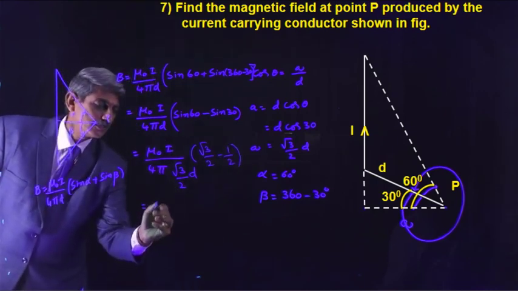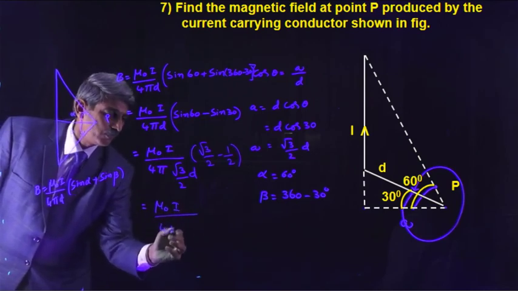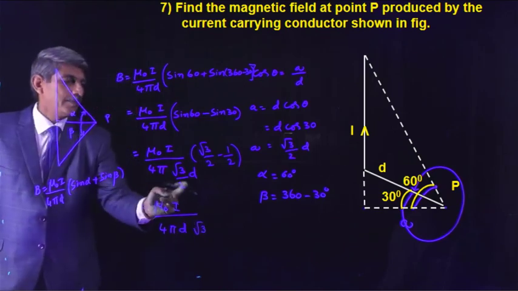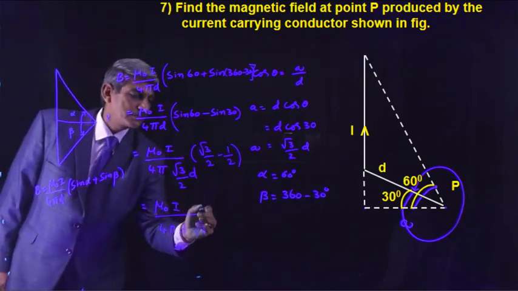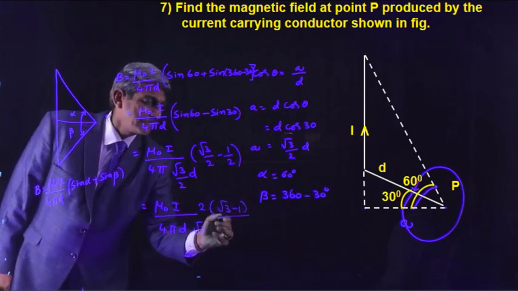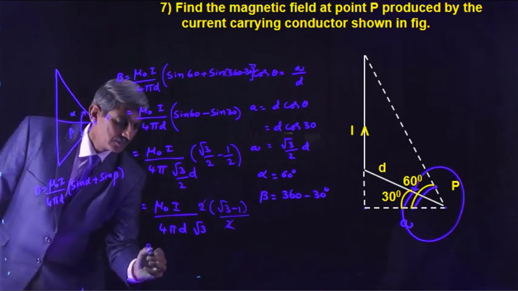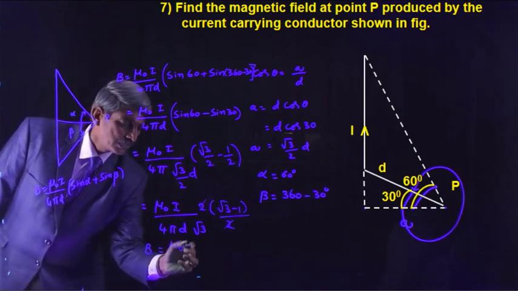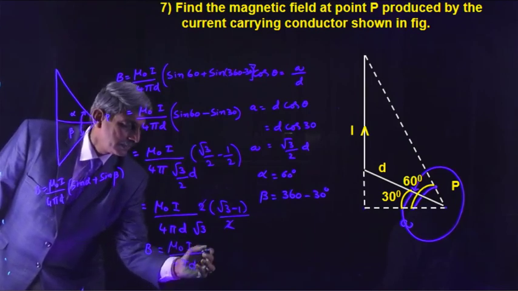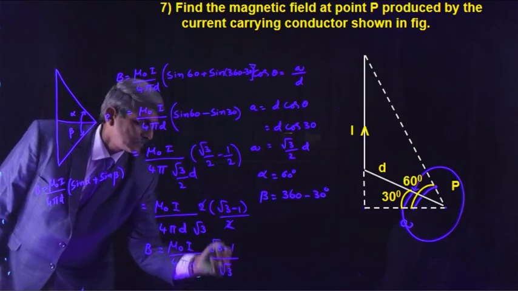So this is equal to mu naught I divided by 4 pi d into root 3. By taking this 2 to the numerator, it becomes 2 into root 3 minus 1 divided by 2. This 2 cancels, and we have B is equal to mu naught I divided by 4 pi d into root 3 minus 1 divided by root 3.